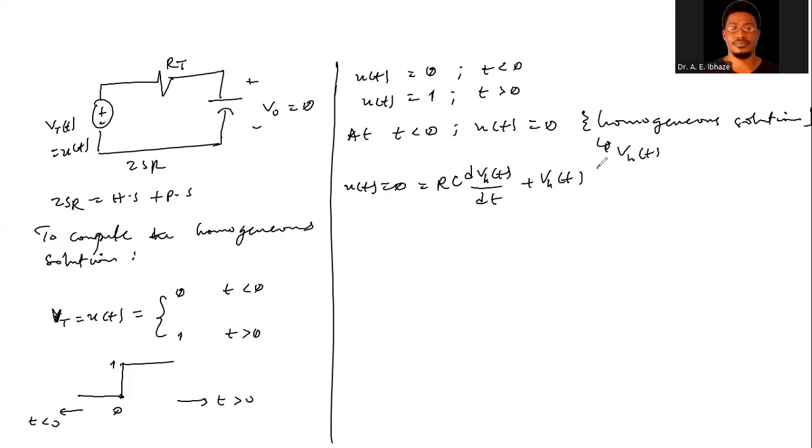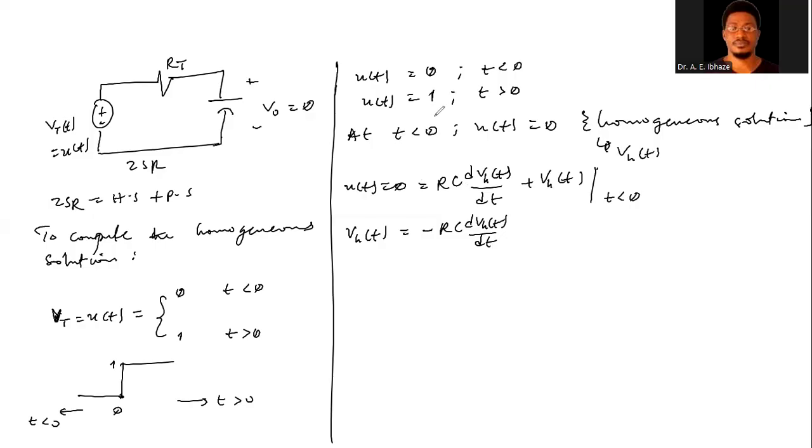So we are resolving at t less than 0, so that this is 0, so that VH of t will be equal to negative RC dVH of t over dt.